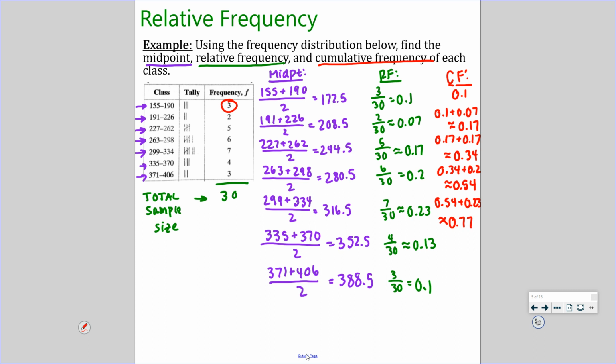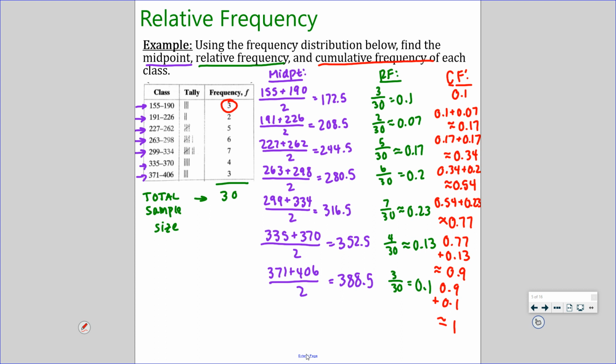And if we do this right, it should total up to 1. 0.77 plus 0.13. I'm putting approximately because we rounded a lot of these, but here's my 0.9. 0.9 plus 0.1. There's my 1. Okay, and if we would have done this as percentages, it should have totaled 100%.